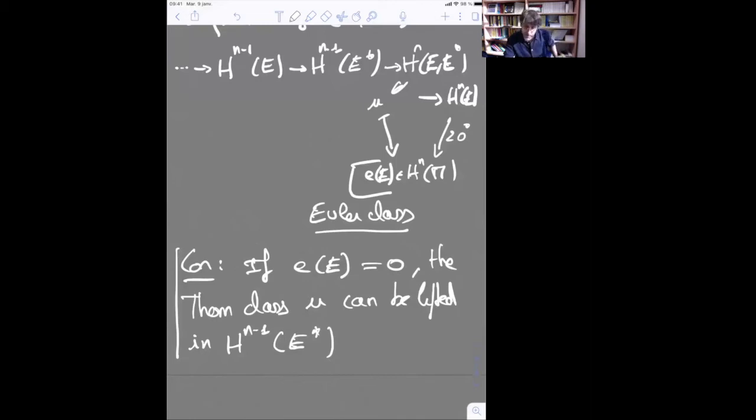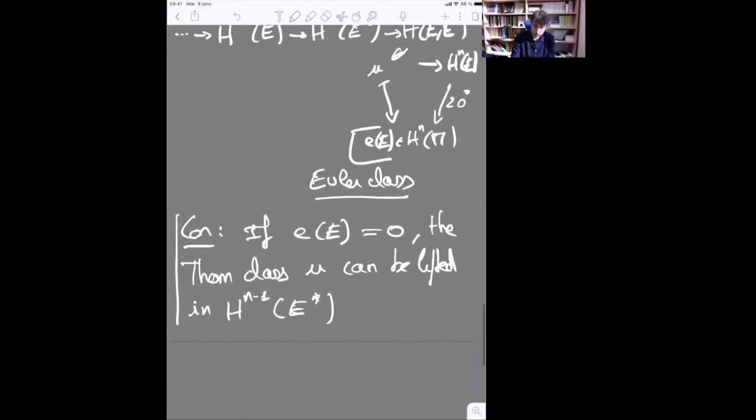So let me say a few words on the meaning of this Euler class. The Euler class, let's write it again, is equal to the pullback by the zero section of the Thom class. And the Thom class is dual to the zero section.